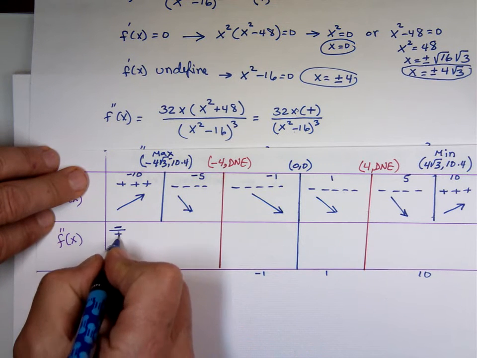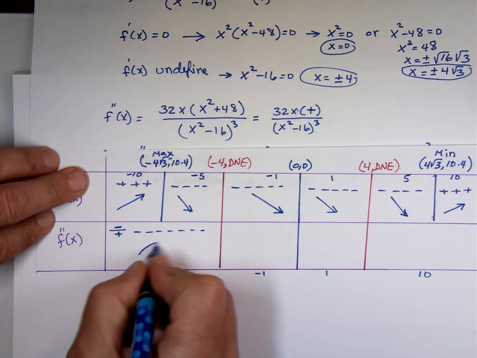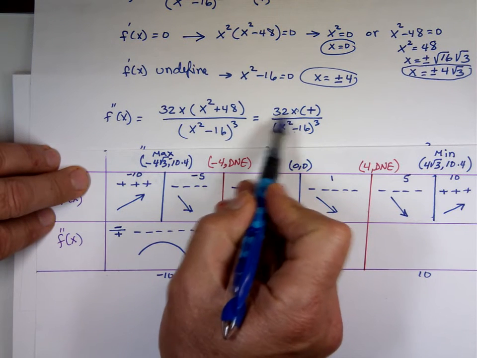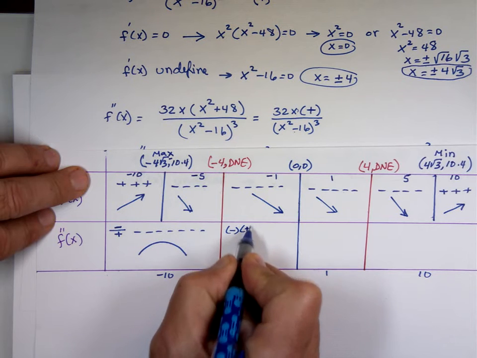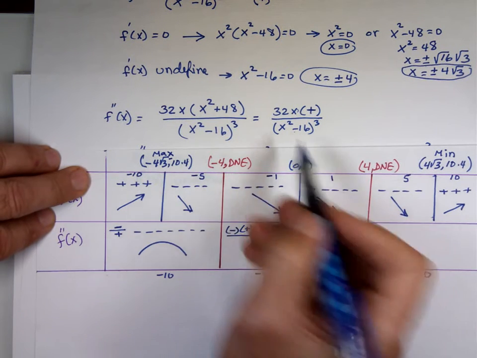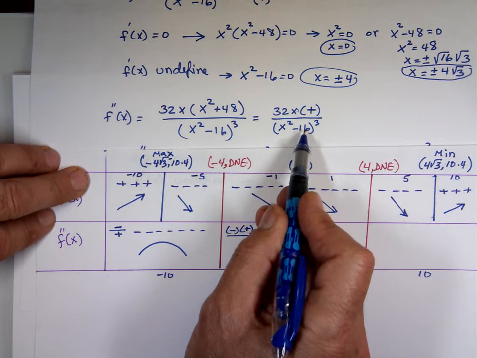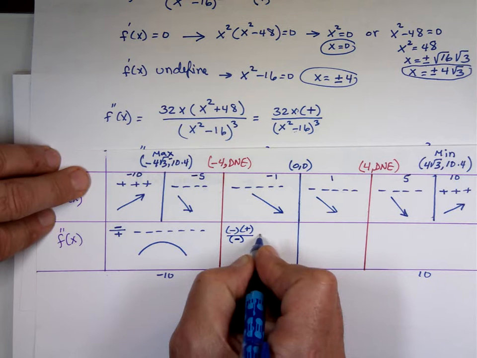Negative, concave downward. If I use a minus 1, 32 times a minus 1 is what? Negative. The other number is positive over. When it's minus 1 squared, that's 1. 1 minus 16, negative 15. Cube it, that's negative. What's the result here? Is that a positive? Concave upward.